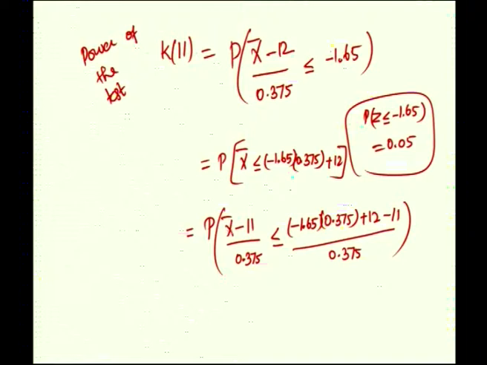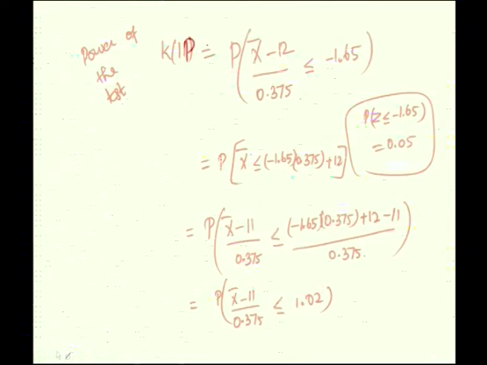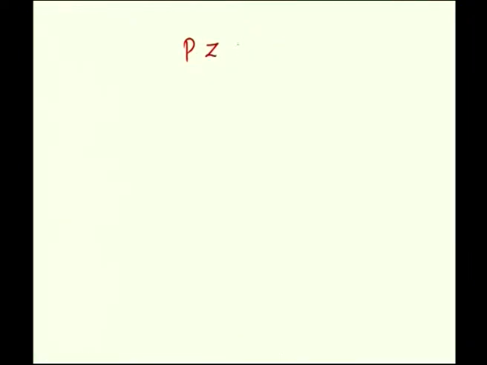Whatever action you do for x bar has to be done for the right hand side too. So that is subtracted with 11 first, then divided by 0.375. This value is P of x bar minus 11 by 0.375 less than or equal to 1.02. That is P of z less than or equal to 1.02.